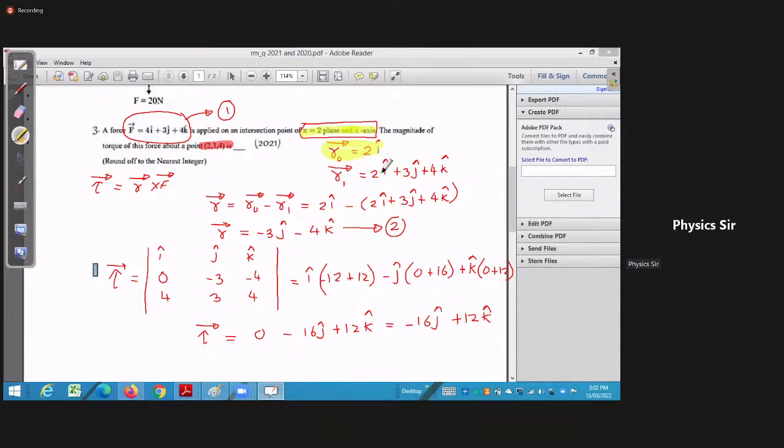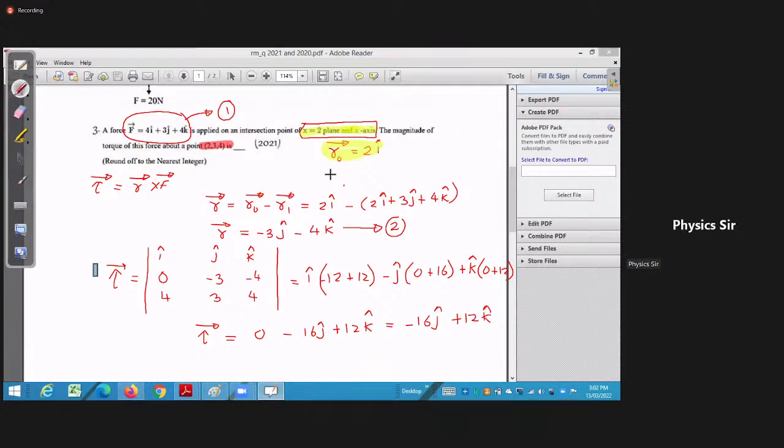मतलब इतना उसका perpendicular distance है. So how to calculate this perpendicular distance? In order to calculate the perpendicular distance, मुझे इसका subtraction लेना पड़ेगा.